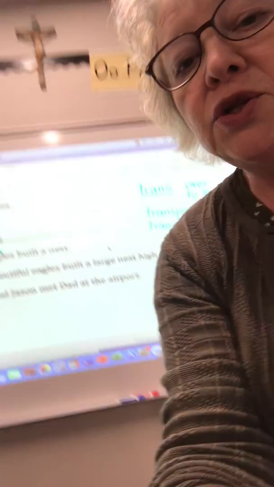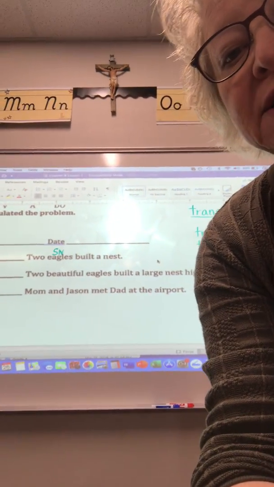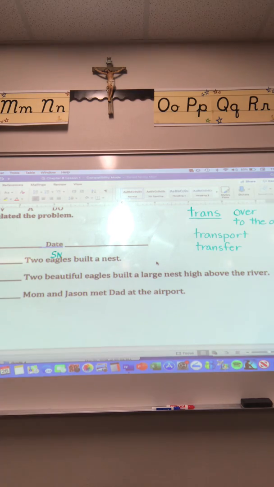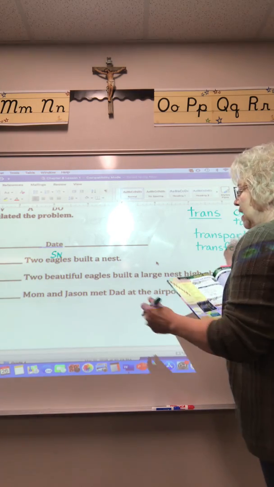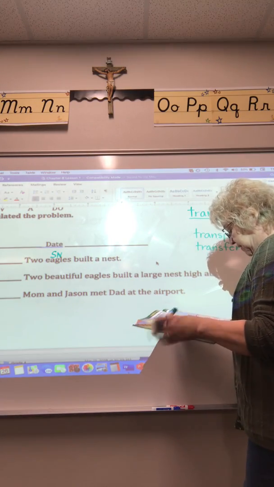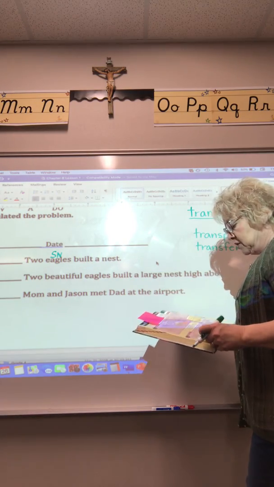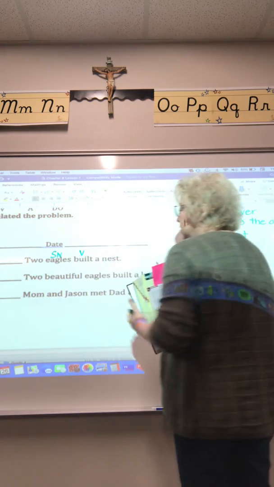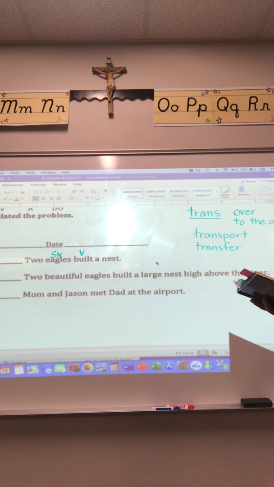So now let's start to classify our sentence here. I've already got the subject noun noted for you. It's "Two eagles built a nest," and the subject noun is eagles. Then we ask ourselves, what did the eagles do? Well, the eagles built. So built is our verb. Now we have to stop and think. What did they build?